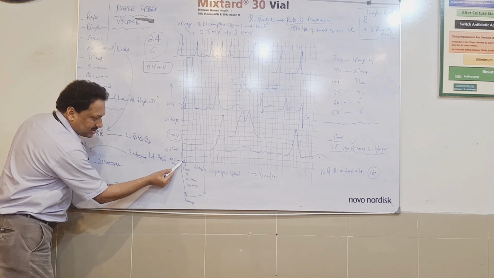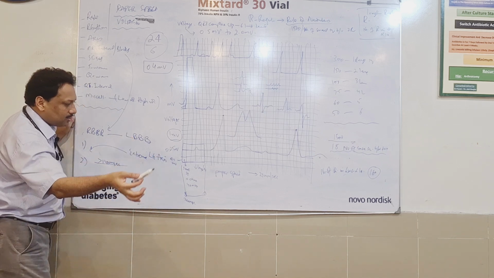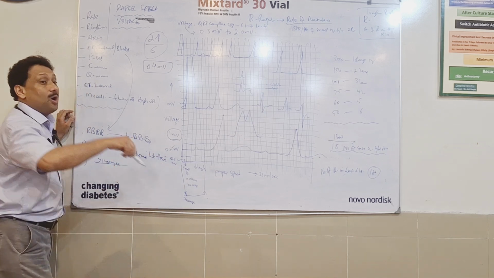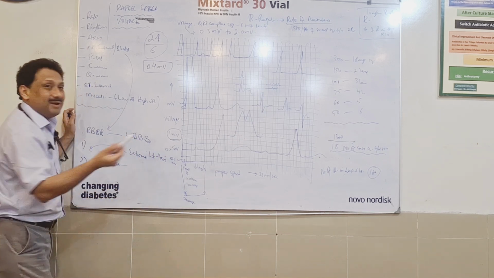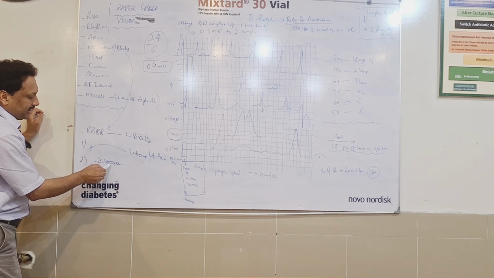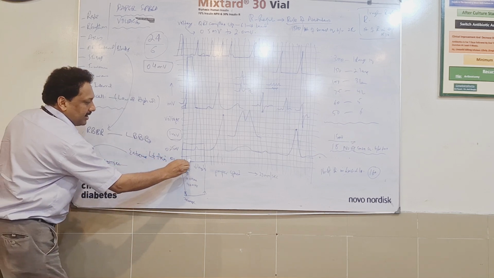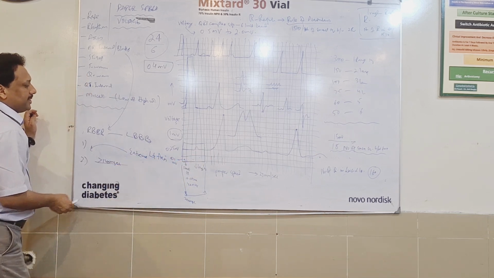Remember, 1 small square is equal to 1 mm, which is equal to 0.04 second, or 40 millisecond, right? So I am talking here that this should be greater than 140 millisecond, 3.5 small squares or more than that, right?